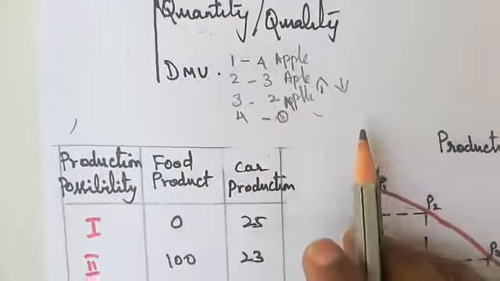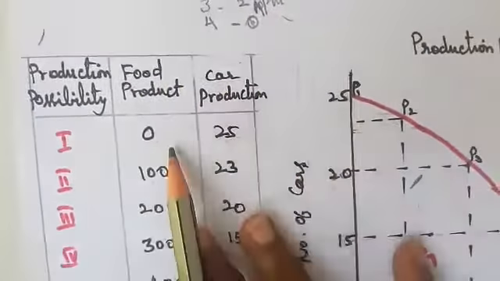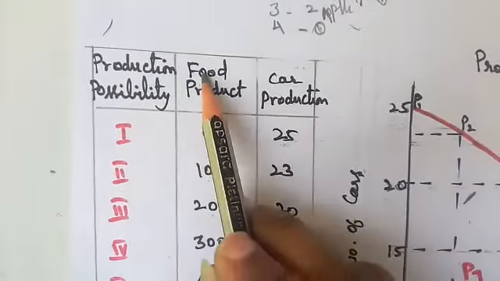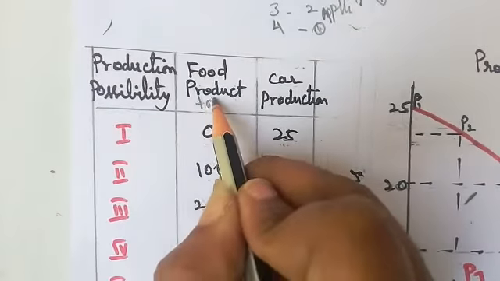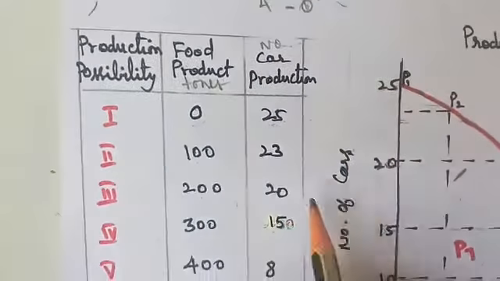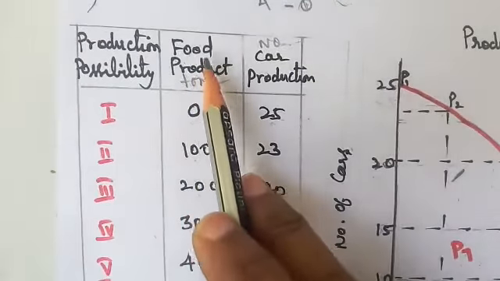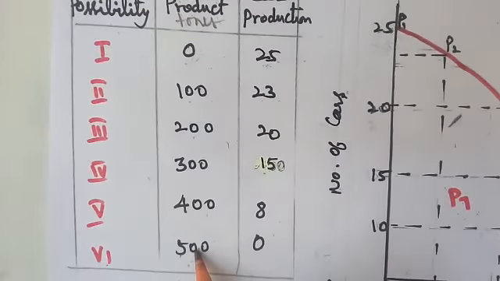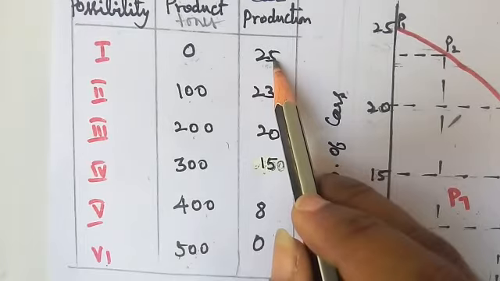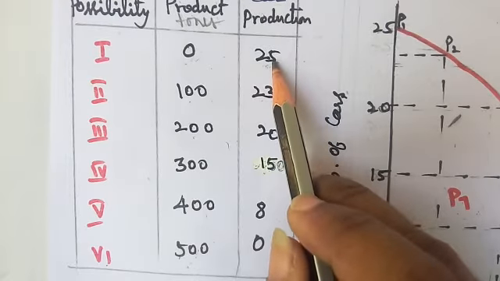So this can be explained using the table and the diagram. This is the table of the production possibility curve. This is the food product in terms of tons. This is the number of cars produced. See here, the maximum food product I can produce is 500, and the maximum number of cars I can produce is 25.